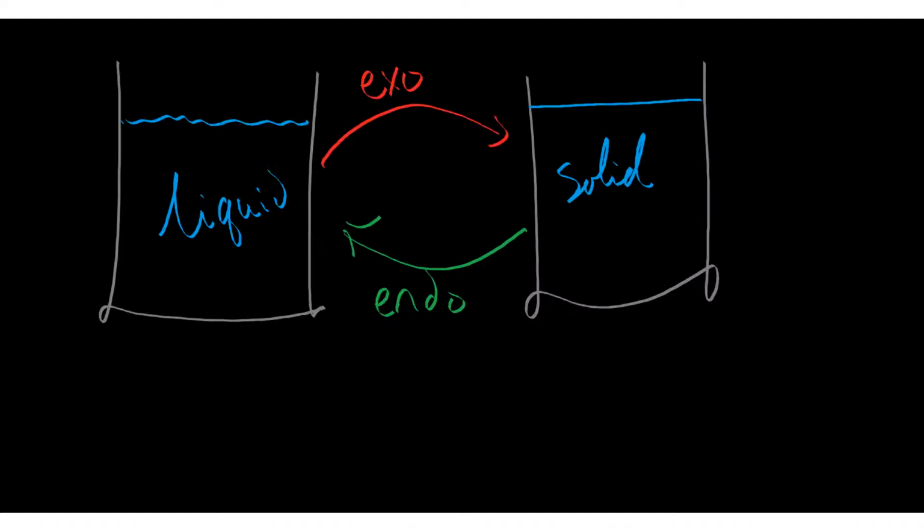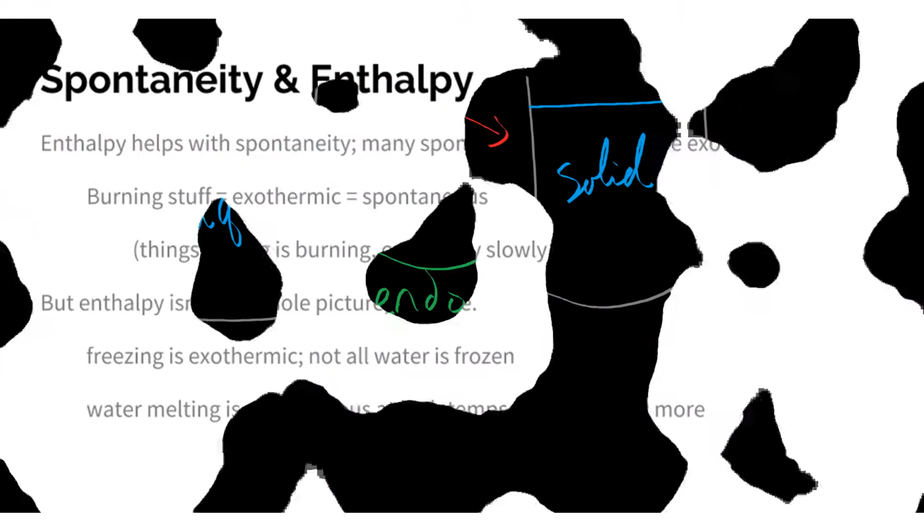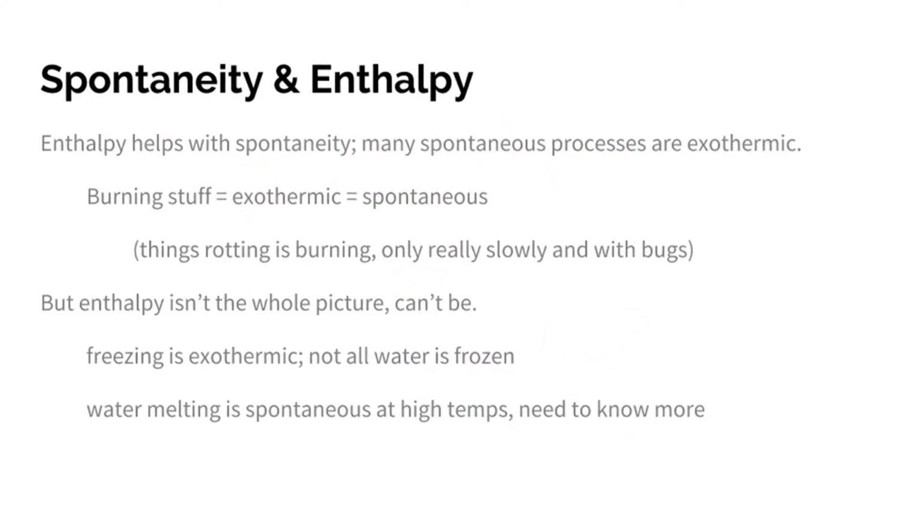There's a lot of liquid water everywhere, and that's a good thing for us. We require liquid water to live. Okay? So water melting is the exact opposite. Going from solid to liquid, that's an endothermic process. Okay? And yet, above 0 degrees Celsius, melting is a spontaneous process.